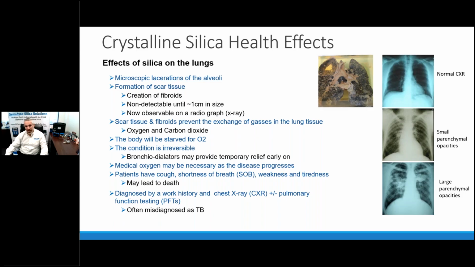Many times, silicosis itself is misdiagnosed as tuberculosis, and as I'll talk about in an upcoming slide, a lot of times it's a combination of tuberculosis and silicosis because of the susceptibility that occurs when workers are exposed to silica and early stages of silicosis are occurring in the body. They become more susceptible to tuberculosis as well.